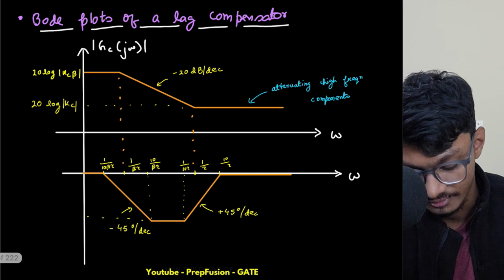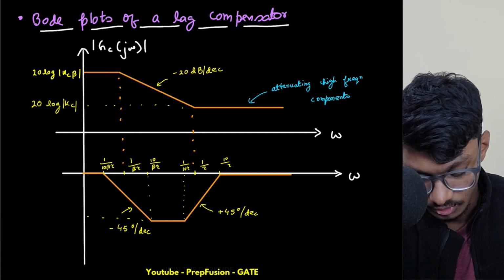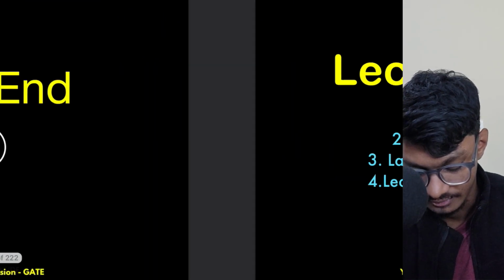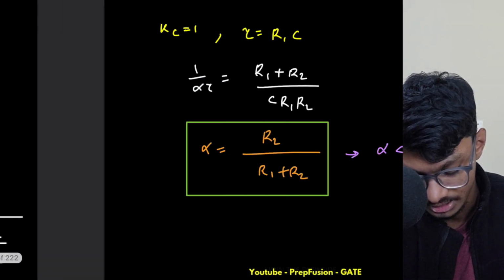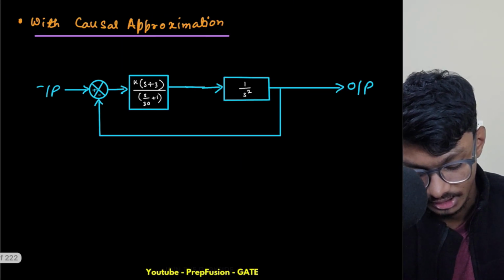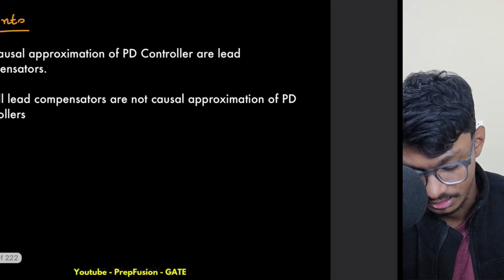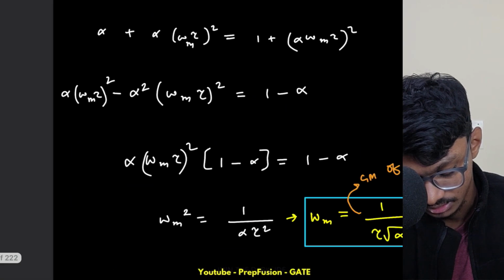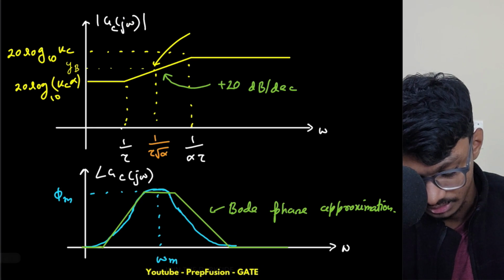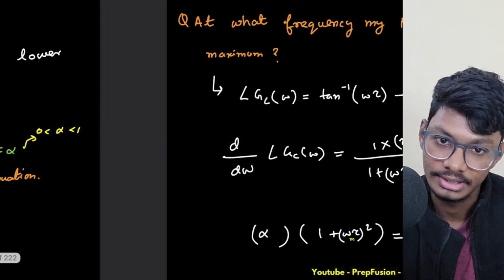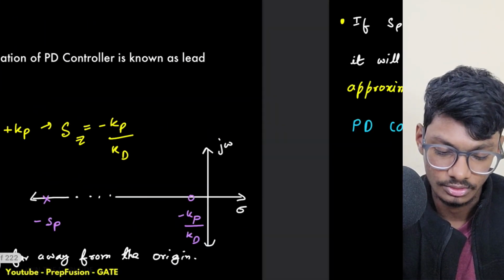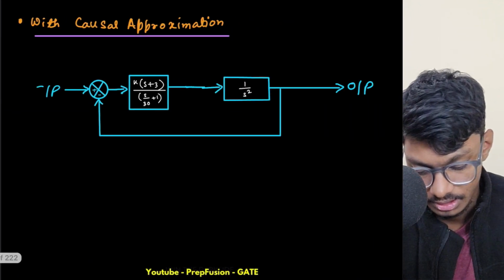At high frequency, the lag compensator is attenuating, and the lead compensator is giving gain, amplifying the signal at high frequency. But a lag-lead compensator can reduce or increase, depending upon the pole-zero locations.